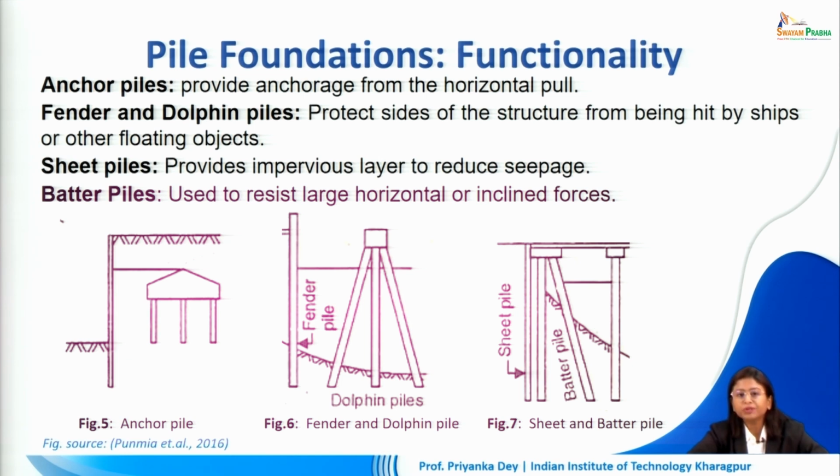So, if we want to create some construction in the middle of water and we need to create a watertight area, we can go for sheet piles. This too we are going to visit towards the end, especially with respect to the construction of cofferdams and caissons. Batter piles are used to resist large horizontal or inclined forces. So, this is how we can differentiate between various types of piles on the basis of functionality.